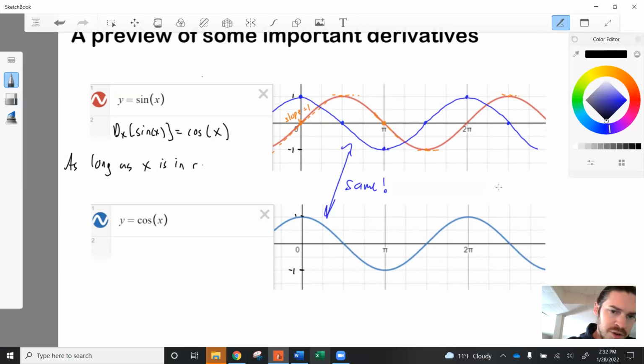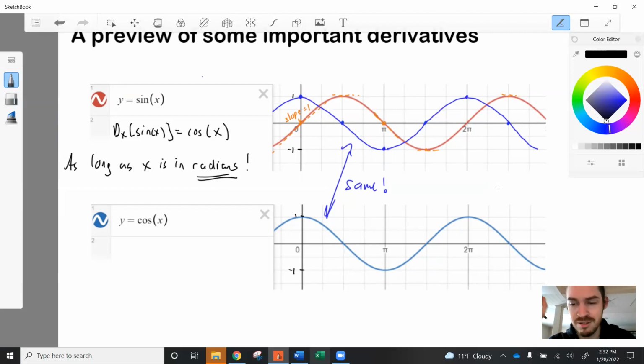Radians versus degrees is very important in calculus. I'll say this now, but I will say it many more times. In calculus, we work in radians almost exclusively. The derivatives we're going to learn for sine and cosine depend on the inputs being measured in radians. If you measure inputs in degrees, then the derivatives are different.